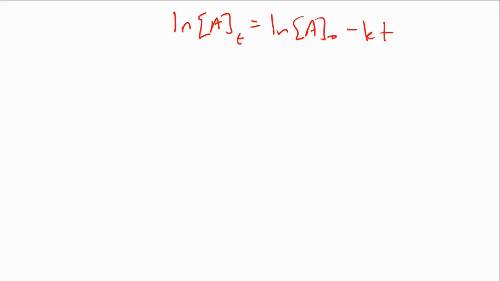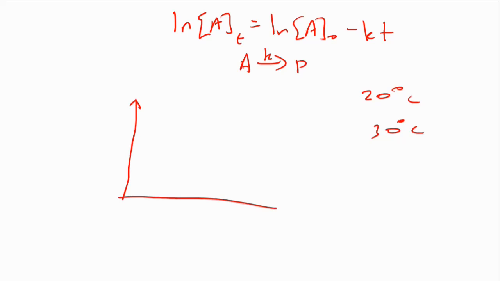ln A at t equals ln A naught minus kt. And our hypothetical reaction was A reacting to give us a product P, rate constant k. Let's say you were doing this experiment at 20 degrees Celsius, and then something happened and you decide, okay, I'll do it at 30 degrees Celsius, maybe after 15 minutes. When you do your plot, you're working with two temperatures.